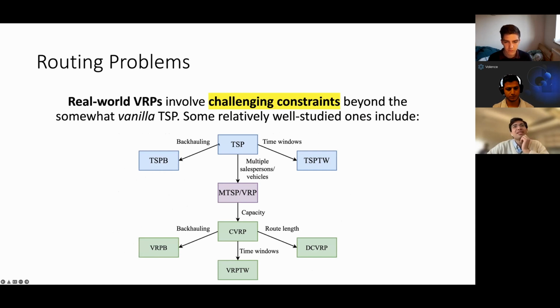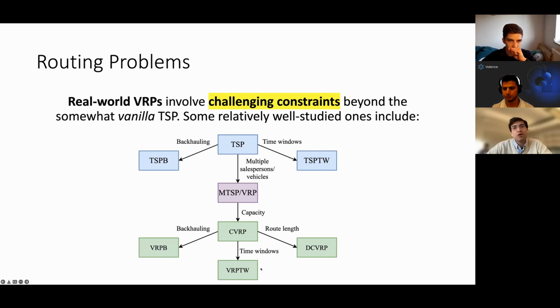Now, the traveling salesman problem is probably the simplest variant of routing problems, but it can get a lot more complex. The constraints can get a lot more complex. For example, you could imagine considering multiple salesmen, which are analogous to vehicles in the previous slide, and from there you can consider fixing certain time windows in which you have to visit each city or each node on the graph.